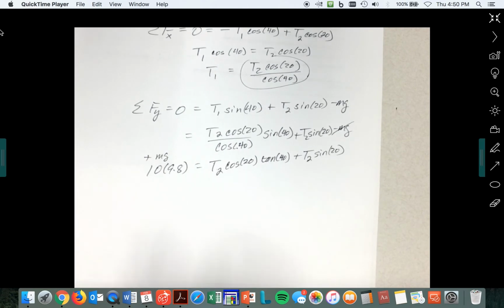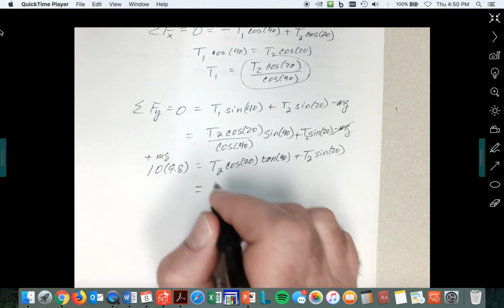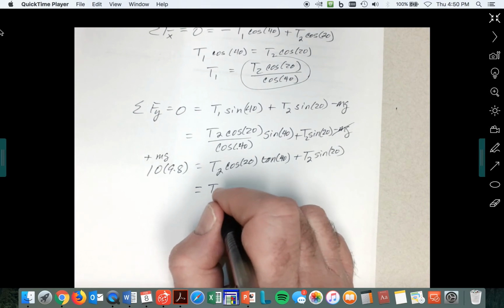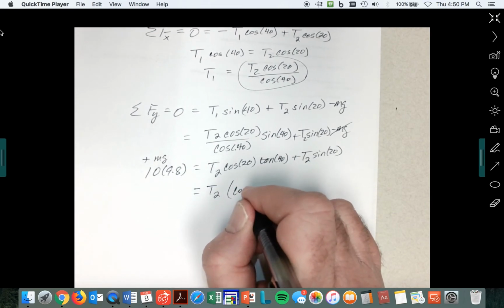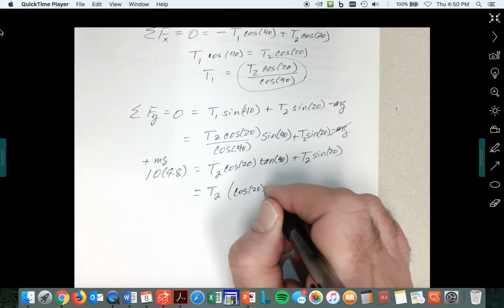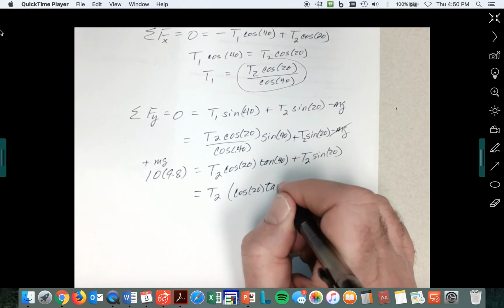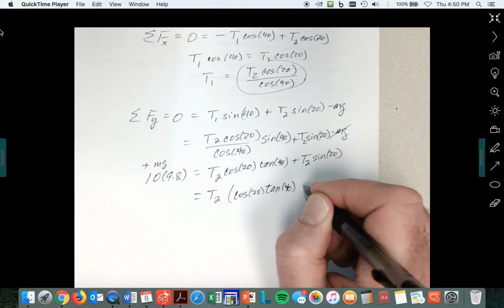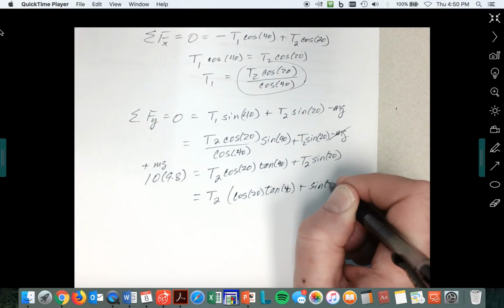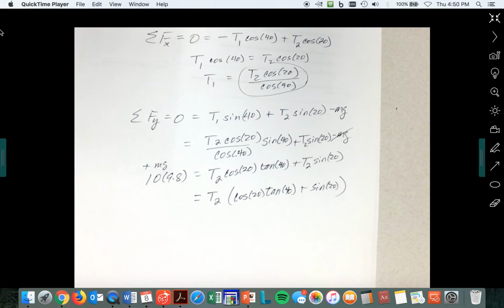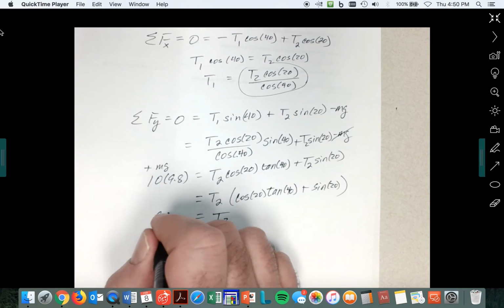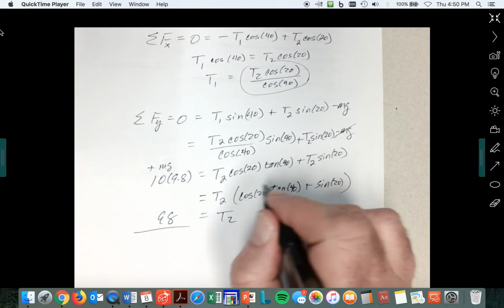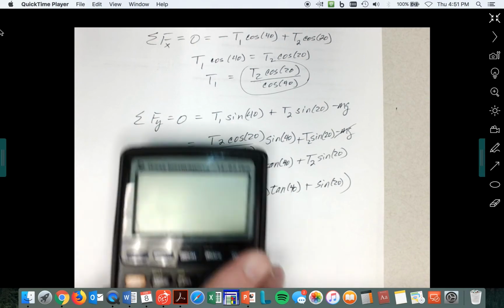Now, I still haven't plugged any numbers in yet. Why? Because I can do something miraculous here. I can pull a T2 out of here and get the cosine of 20 times the tangent of 40 plus the sine of 20. I just factored the T2 out and I get a number. So T2 is equal to 98 divided by all this mess here. Let's go ahead and run it.